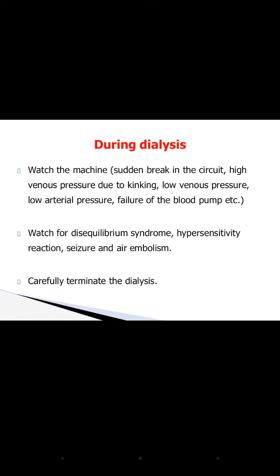From the CSF, these nitrogenous wastes are not removed at the same rate as they are removed from the blood. So in that case, the person may have cerebral edema. The person may show signs of mental confusion, headache, restlessness, or may go into coma. So watch for that.